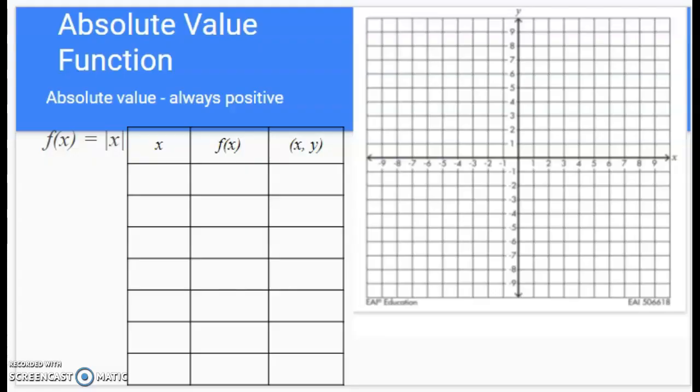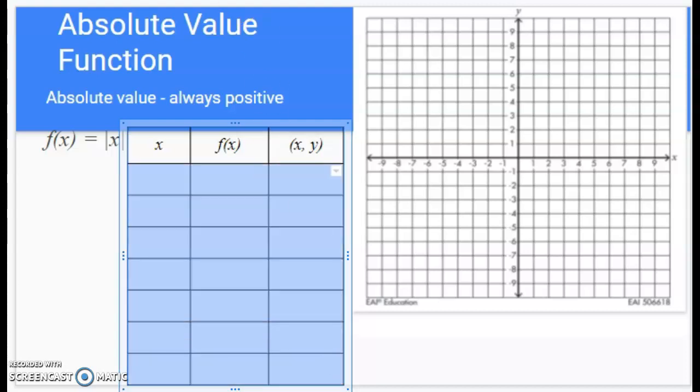Now we're going to look at our absolute value function to finish off our 6 parent functions. Remember, absolute value is a distance from 0 and it is always positive. So if I put in values for x, remember we always want negative as well as positive values.